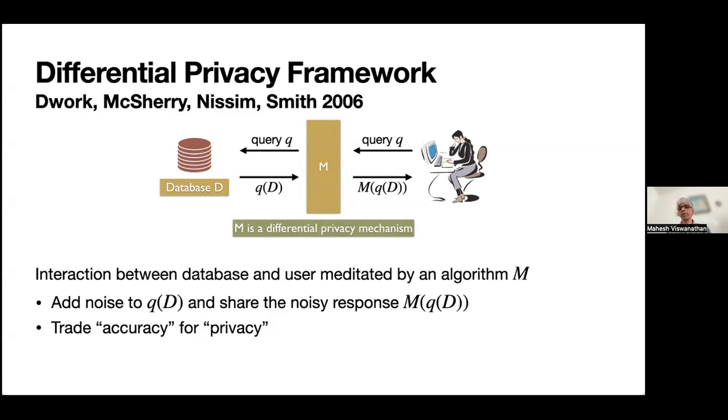or somewhat accurate answers. To get a flavor of what these algorithms might look like, let's look at an example. This is a classical example from social sciences, much before all of this work in differential privacy. Imagine a situation where the government wants to find out how many people in a certain geographical region smoke, and maybe that is to inform public policy in terms of how to invest in infrastructure.